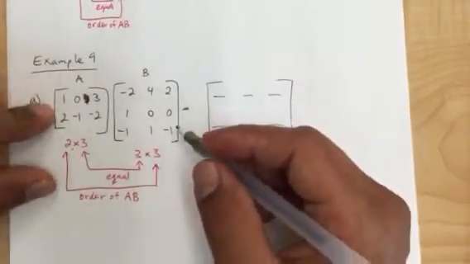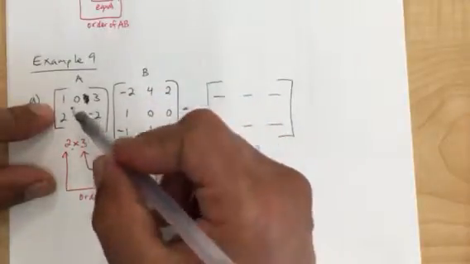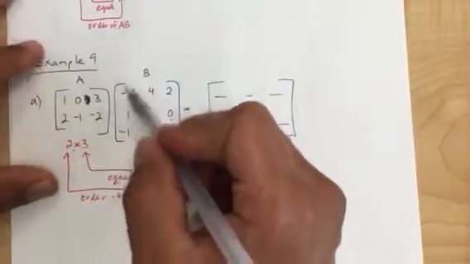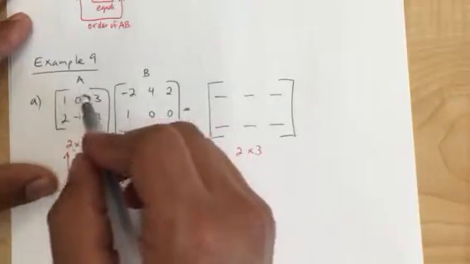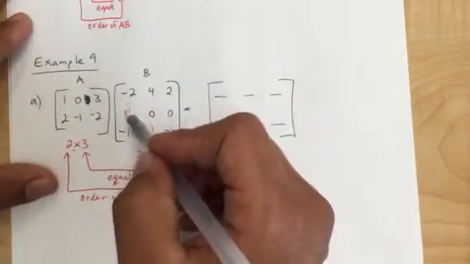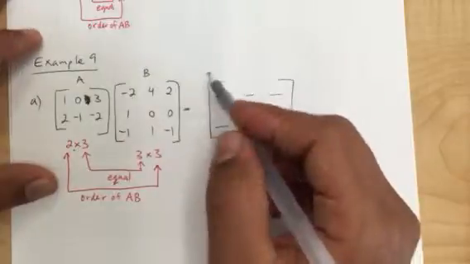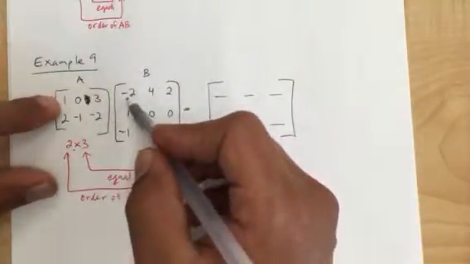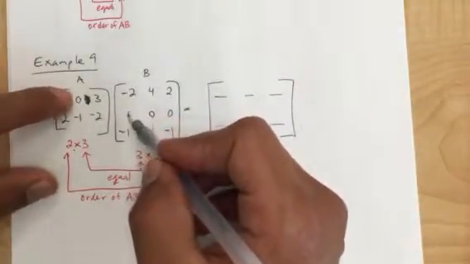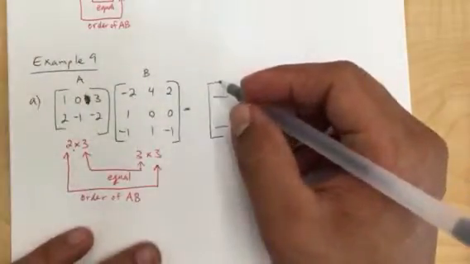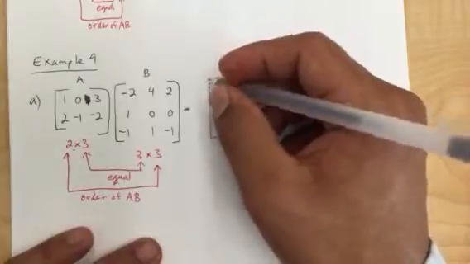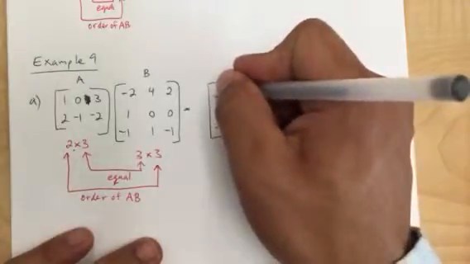One way to think about this is row times column. So we're going to say this first row times the first column. Add those together, that's going to give me my first entry. So we're going to have negative 2 plus 0 plus negative 3, that's going to be negative 5.